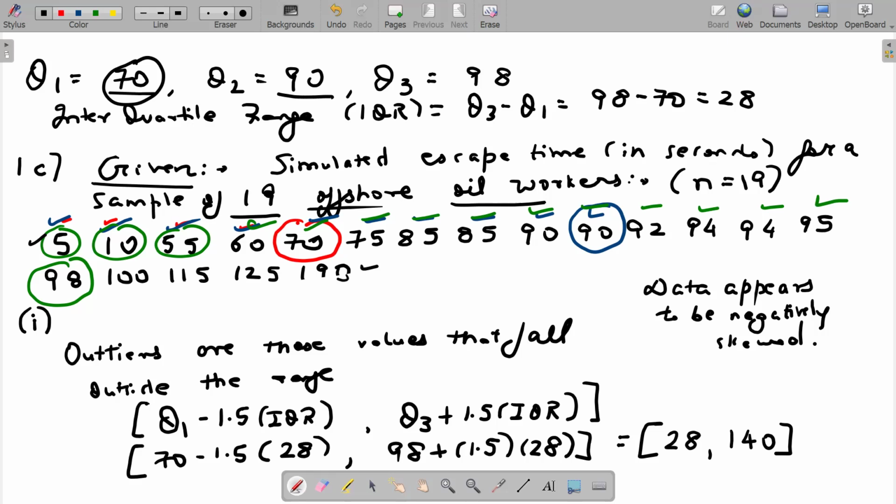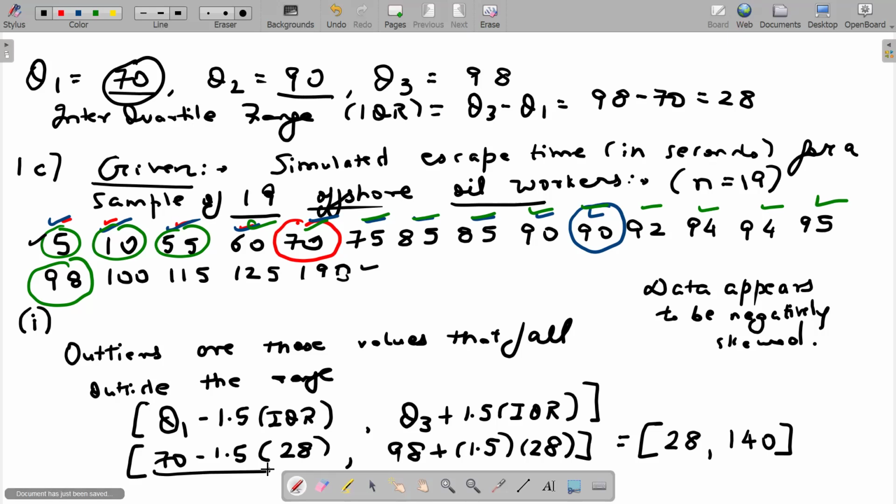Okay, so outliers are the values which are, let me check this again, students. I think there's some mistake being made. 70 minus 1.5 into 28. Yeah, this comes out as 28 only, and this is 140.